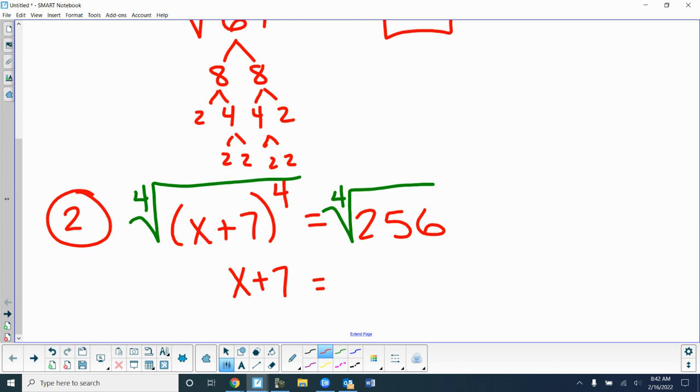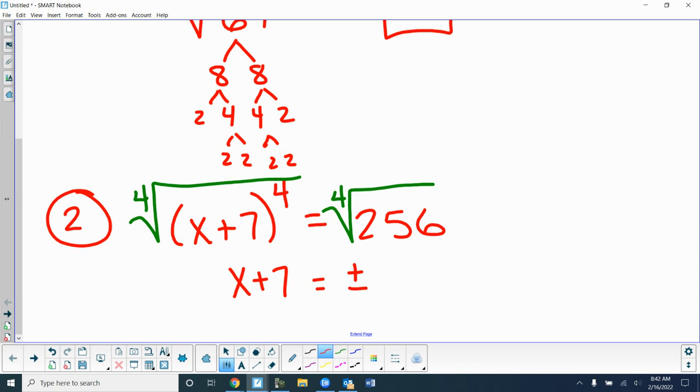Now, remember, we talked about this when we did this first day of this. If it's an even root and it's a positive number under the radical, or that we call the radicand, what symbol goes in front of our answer? Plus or minus. So don't forget about that.